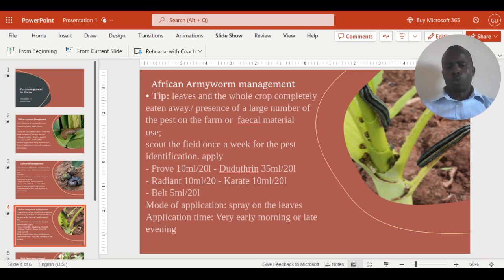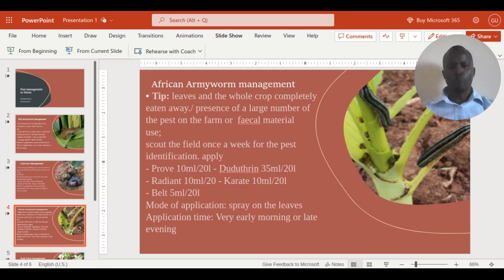Then as a farmer, you need to scout each and every day, late in the evening or early in the morning. In case of their presence within the farm, apply insecticides such as Proof 10 ml to 20 liters of water, Karate 10 ml to 20 liters of water, or Belt 5 ml to 20 liters of water.